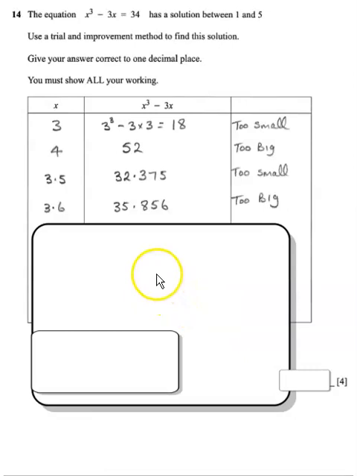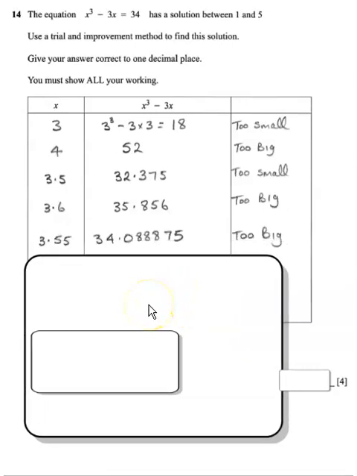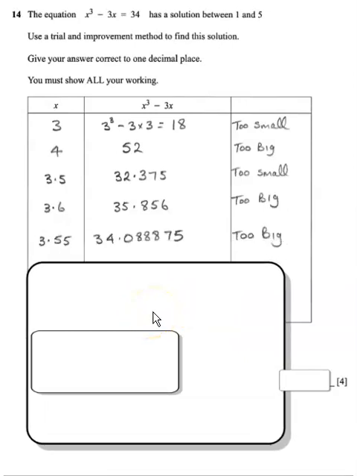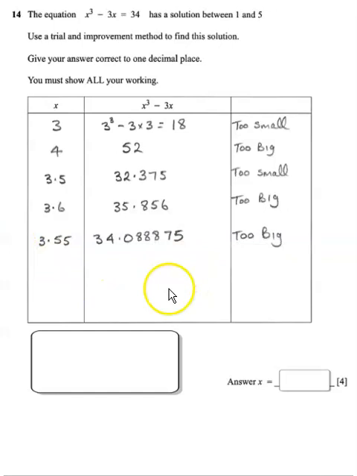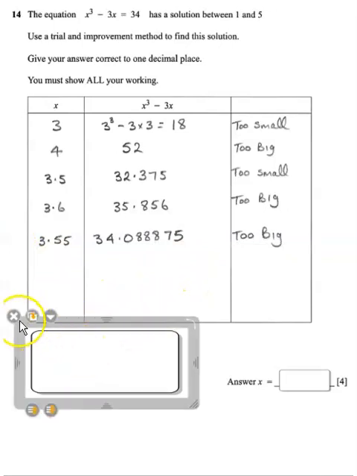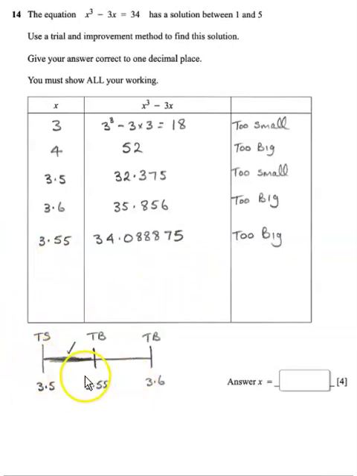To find out more about it, we have to half it. So we go halfway in between 3.5 and 3.6, so 3.55, and substitute it in. And we can see it's too big for this one. Right, so next I've basically drawn a little line here, a number line type of thing.